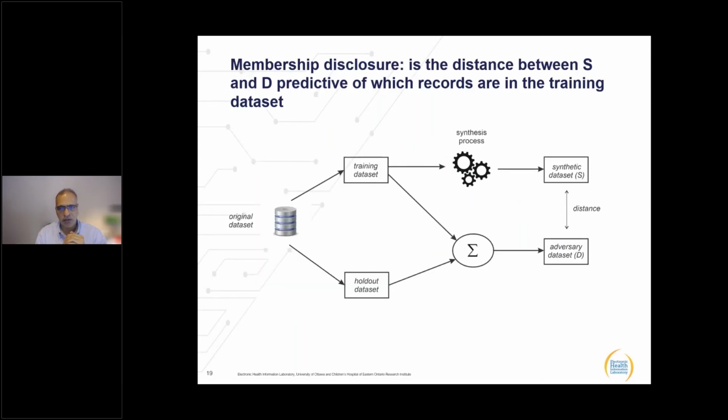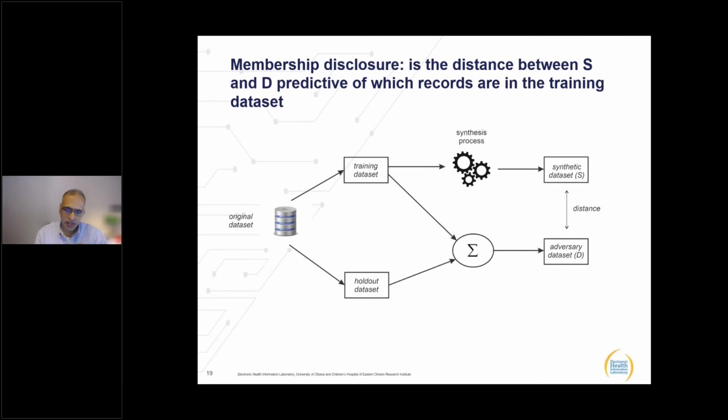Another privacy model for evaluating synthetic data is membership disclosure. And this is the commonly used method. I think that there are additional improvements that can be made here, but the basic idea is that you take your data set, you split it. So part of it is used to create a synthetic data set, a synthetic version, and part of it is a holdout.